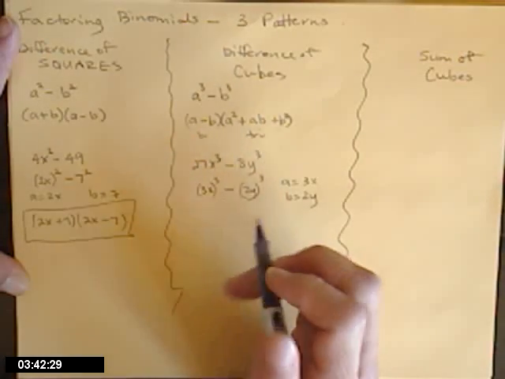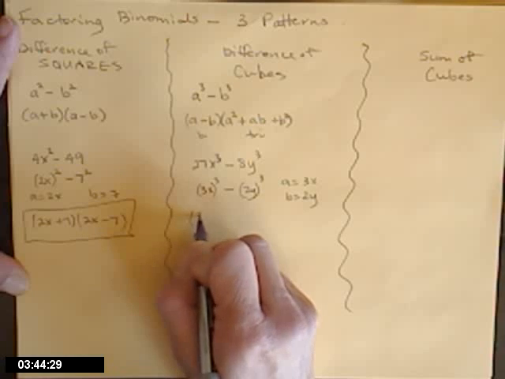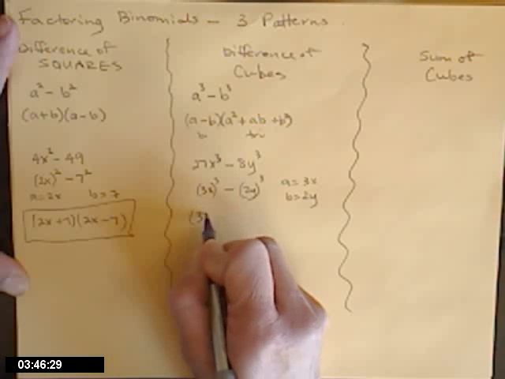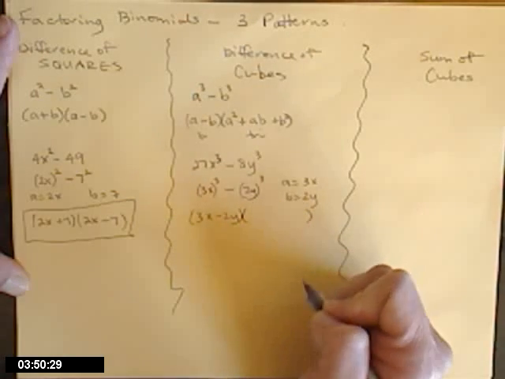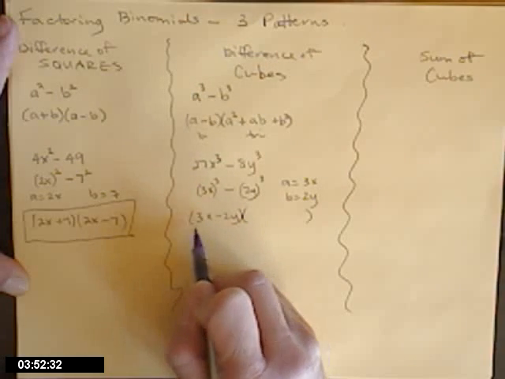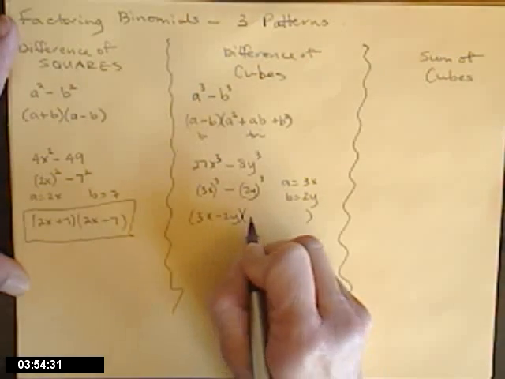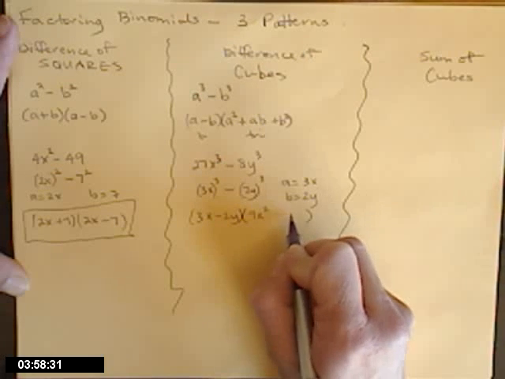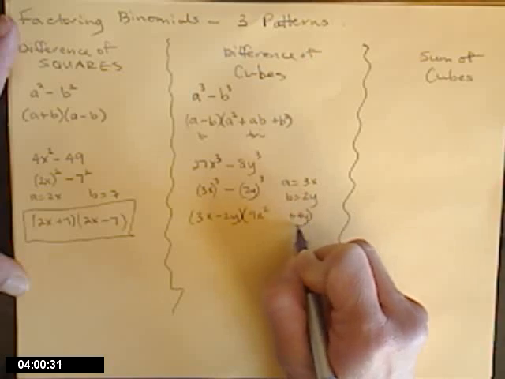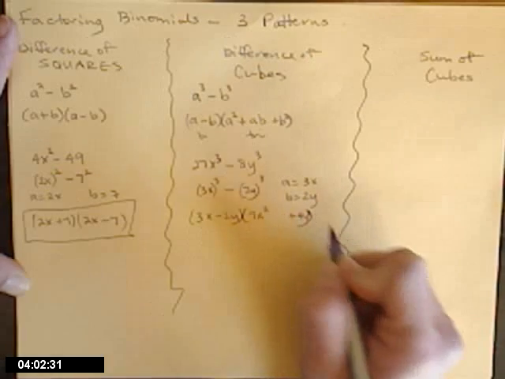27x cubed minus 8y cubed factors into, the bi is 3x minus 2y, same sign. The trinomial I get by squaring the first term, so I square 3x, 9x squared. My last term, I square the 2y, 4y squared.